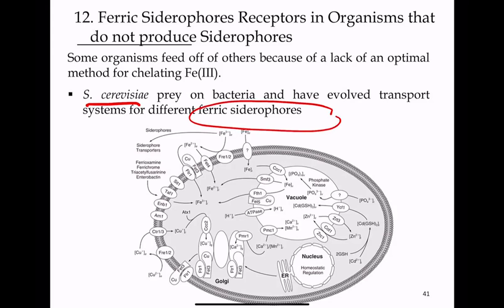And you can see this complex system that it has evolved to take advantage of those molecules, something that it itself does not produce. So this is a representation of how other organisms can also mobilize iron by being able to recognize molecules that are not innate to them, but they have receptors that can recognize them.